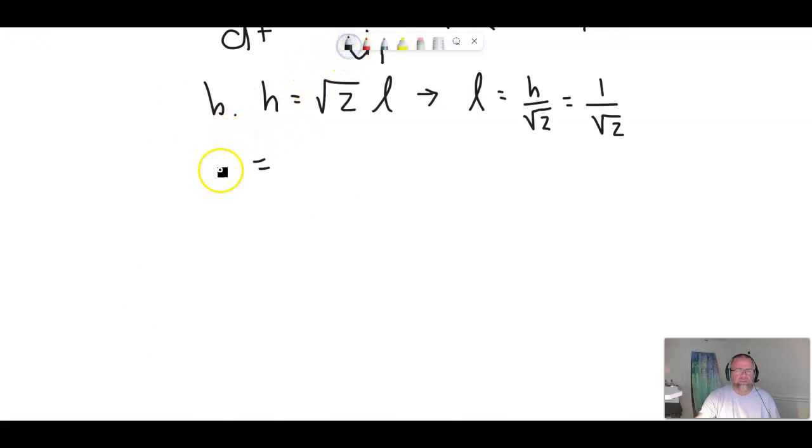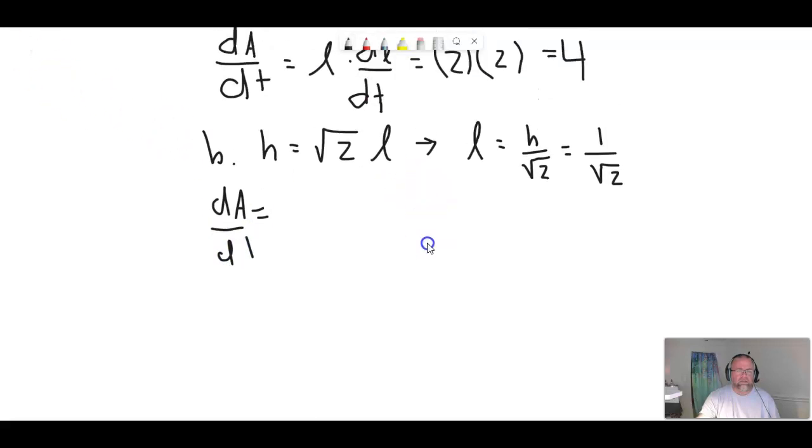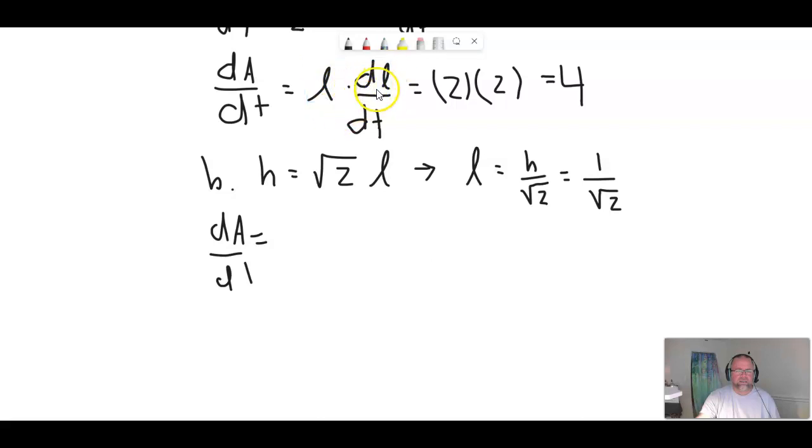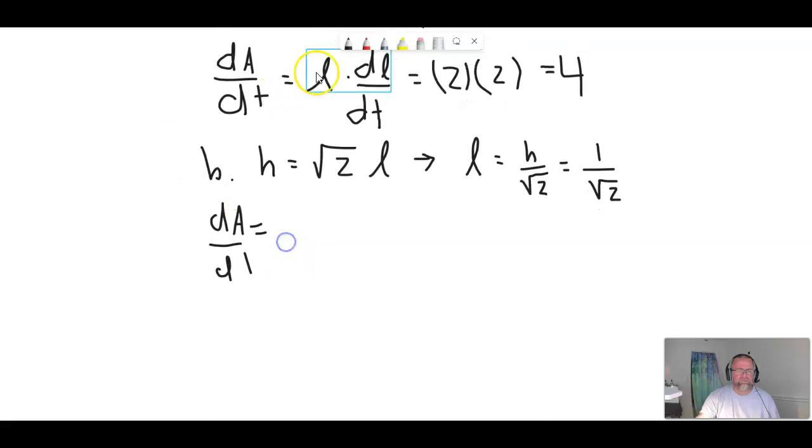So that is going to be dA over dt. Again, that is just going to be L times the derivative of L with respect to t. Again, L is equal to 1 over root 2, and dL over dt is just equal to 2.